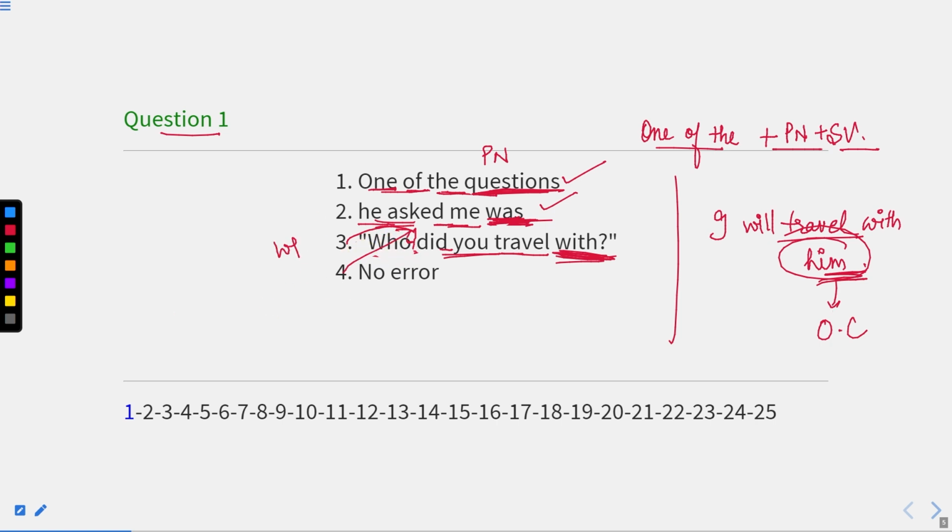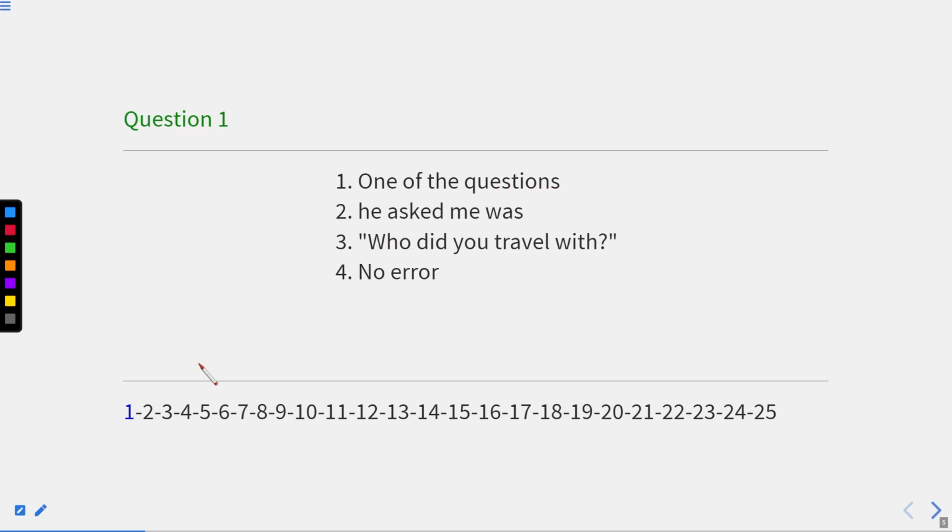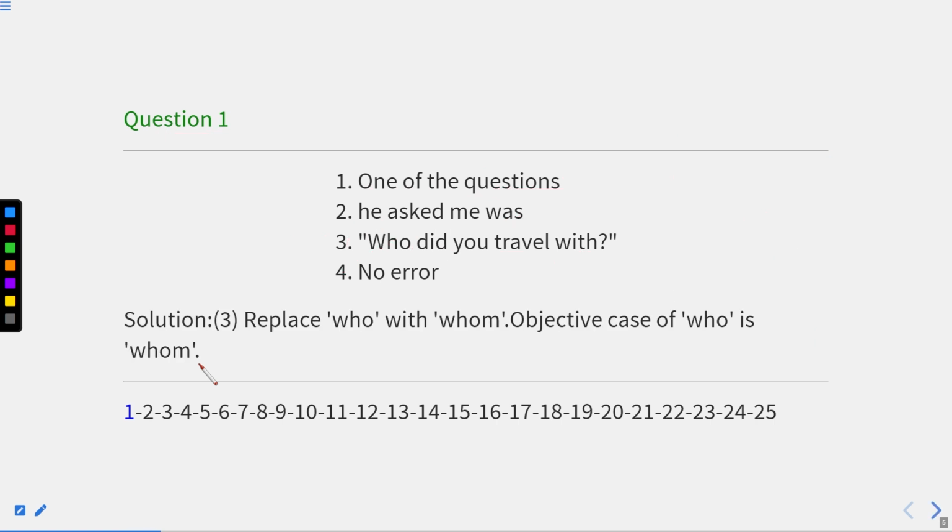Instead we should use whom, because we are talking about an object, and an object is always denoted by whom, not who. Therefore the correct sentence will be, "One of the questions he asked me was, whom did you travel with?" Therefore the answer will be the third part, where we replace who with whom, because the objective case of who is whom, and here we require whom.